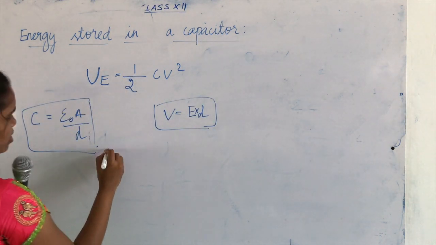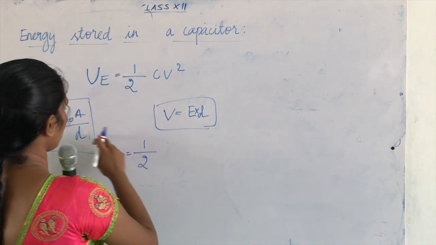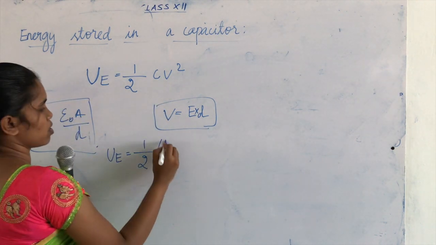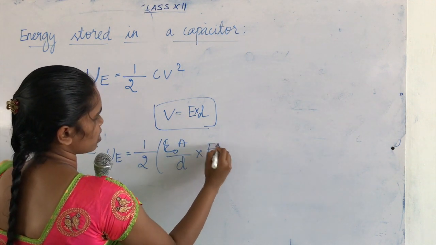Now we are going to apply it here. UE equals 1 by 2, and C is epsilon naught A by D, into E into D.